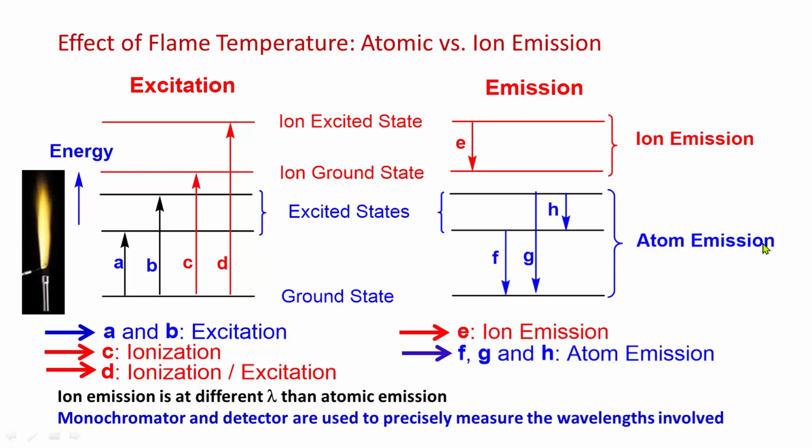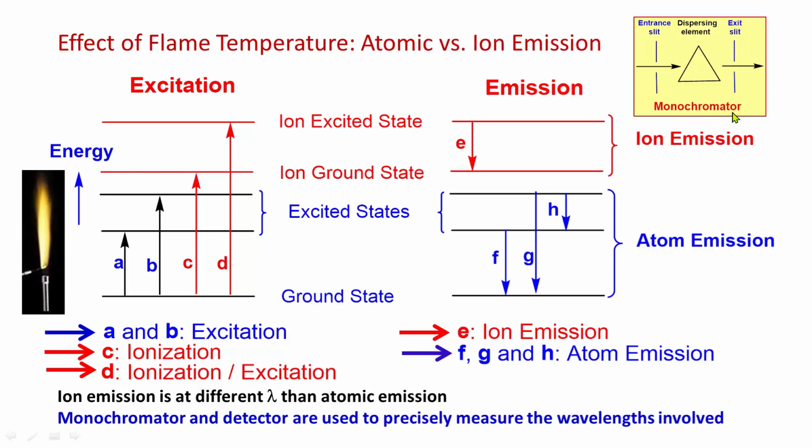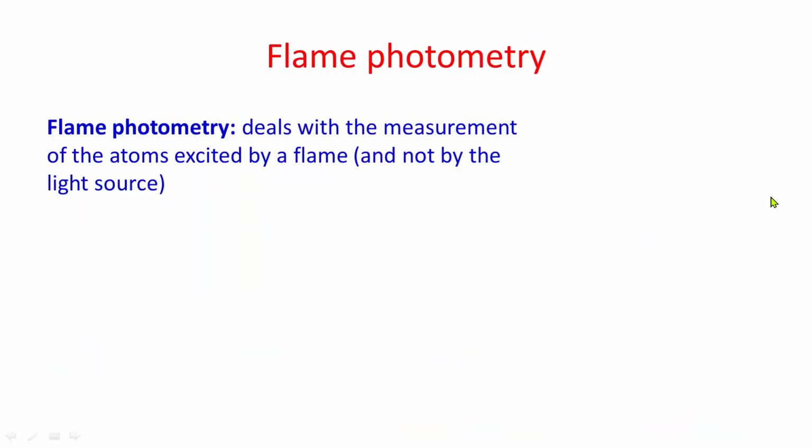A monochromator and detector are used to precisely measure the wavelength involved. So this is the monochromator, which can precisely allow the wavelength to pass through the exit slit and fall onto the detector. Flame photometry deals with the measurement of atoms excited by a flame and not by a light source.